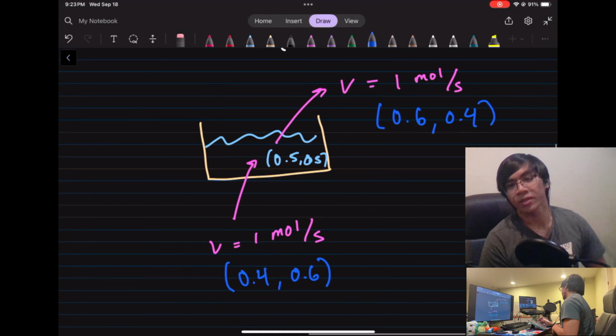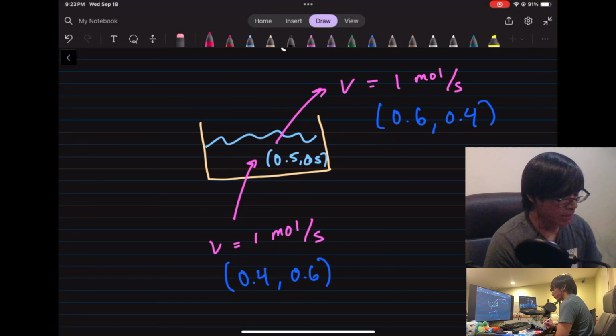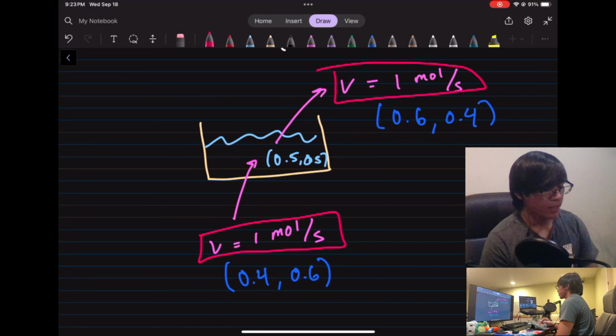So obviously you can see compositions are not necessarily the same, but our assumption remains the same in that we keep our molar flow rates the same. And normally this isn't the case.